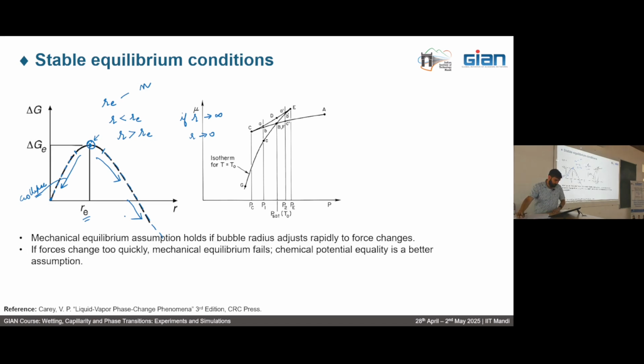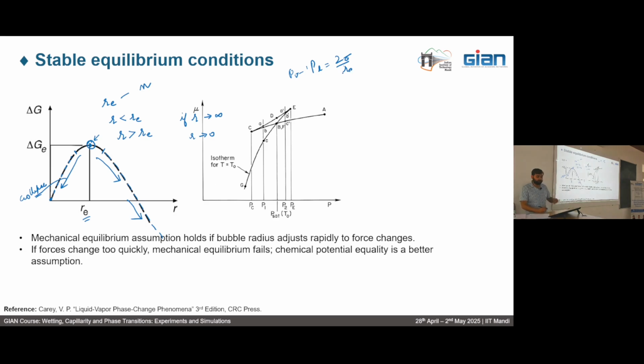In the last class, what we assumed was mechanical equilibrium. But we are not talking about a static bubble. It might happen that the fluctuation in the pressure is so high that the bubble is not able to maintain its shape, right? The force changes are so rapid that the assumption that PV minus PL is equal to 2 sigma by R doesn't hold.